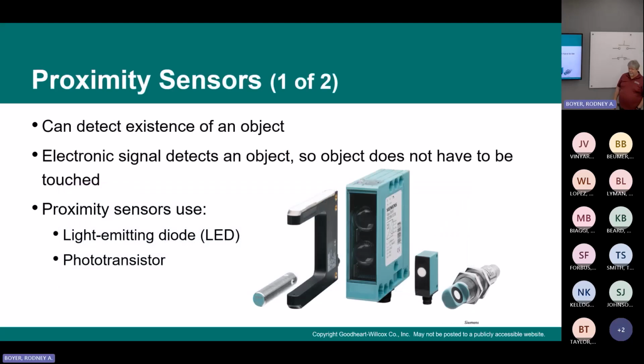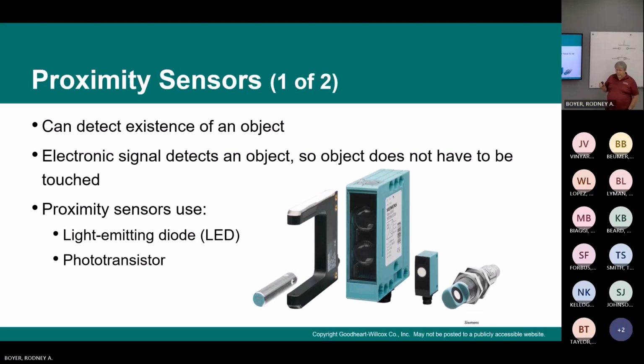Prox sensor. Proximity can detect the existence of an object. What they do is in their name, proximity. That means get close. A lot of people think you have to touch a prox switch to make it work. This is not the case.